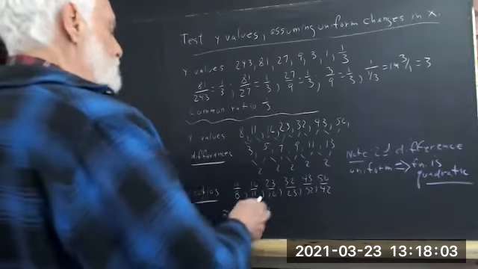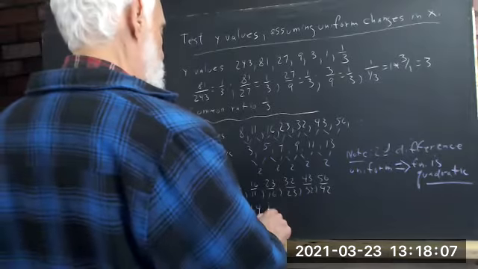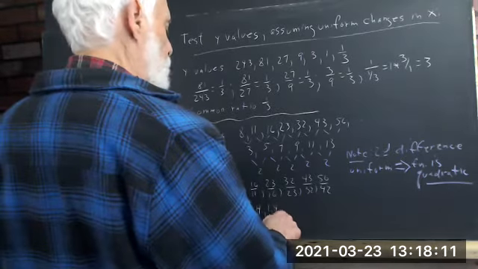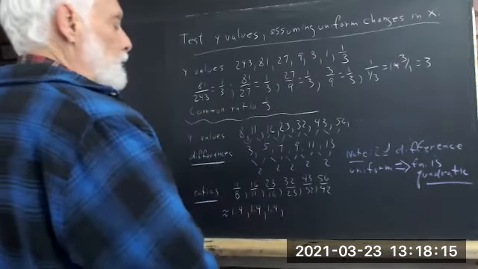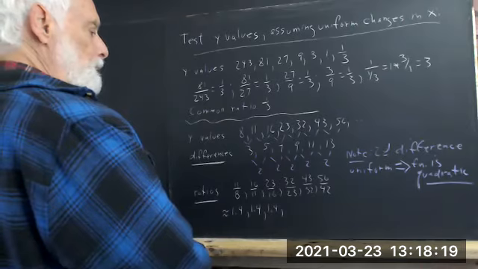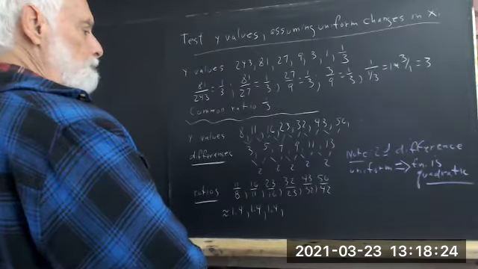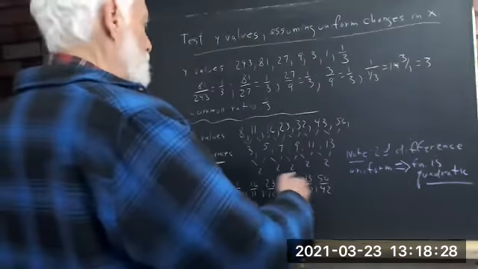Okay, this will be 7/16, which is about 1.4. Now here we have 1 and 9 over 23. I'm going to need more decimal places to verify this.